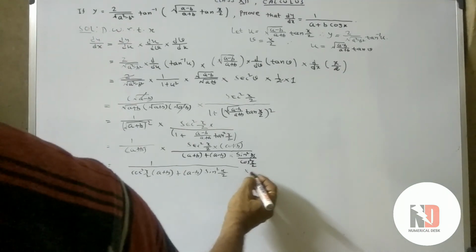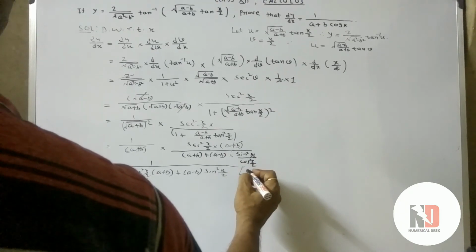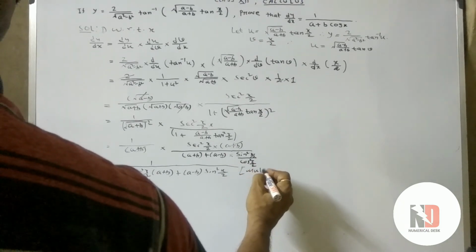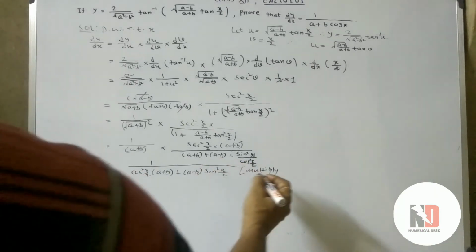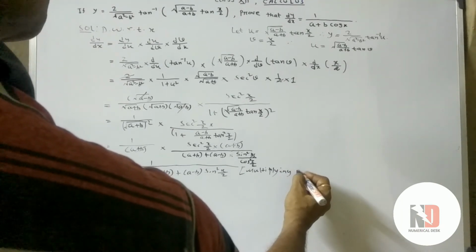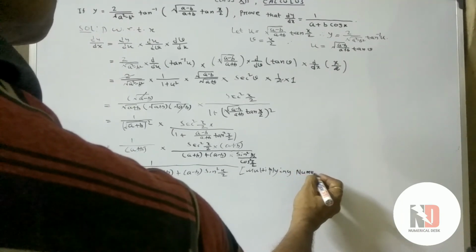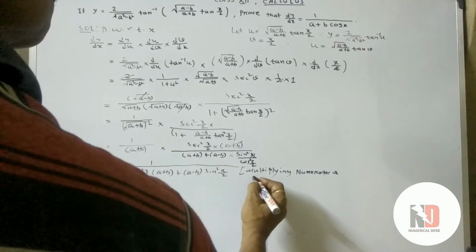Now, multiplying. Actually what I am doing: sec square x by 2 is in the numerator, so I am multiplying both the numerator and denominator by cos square x by 2.